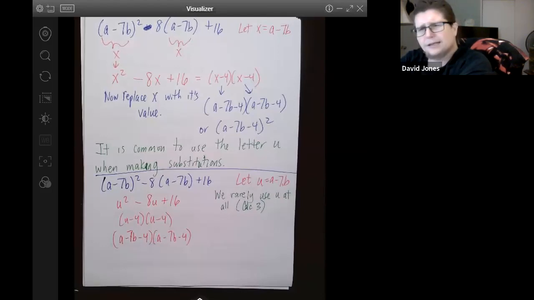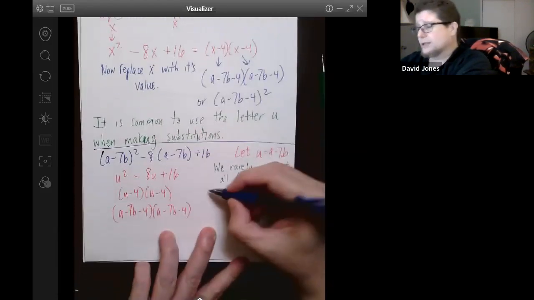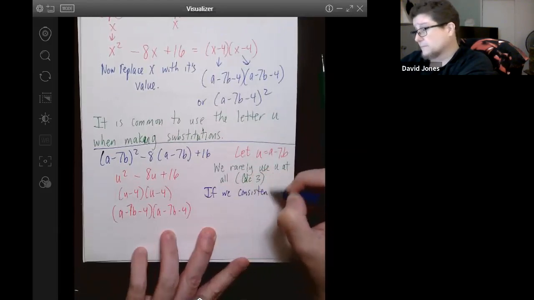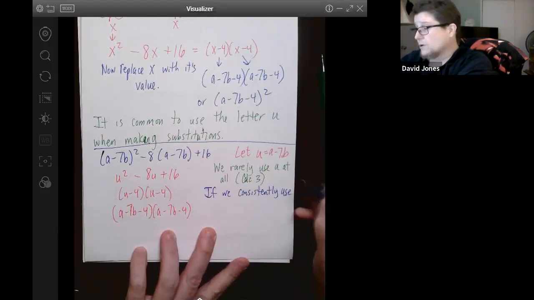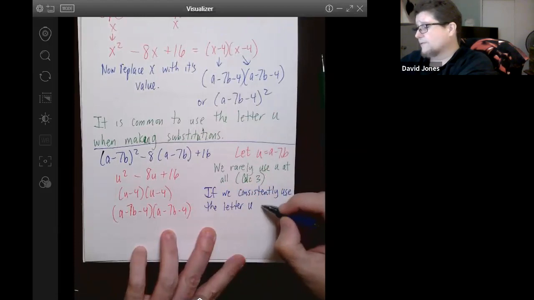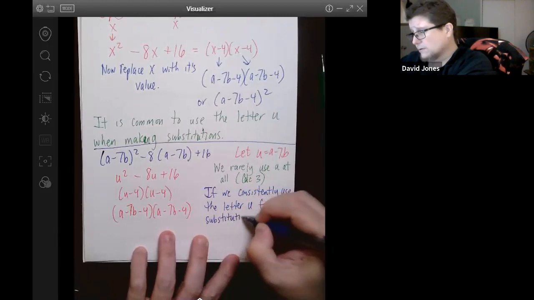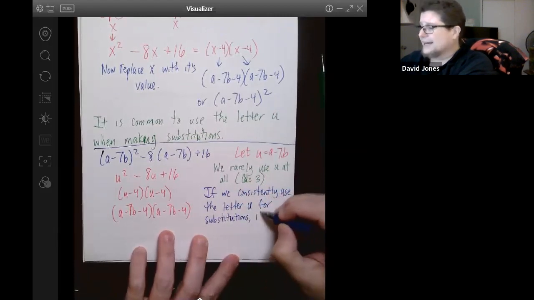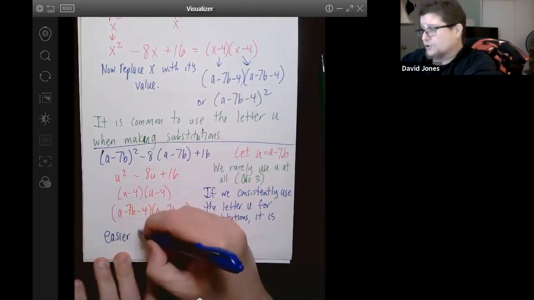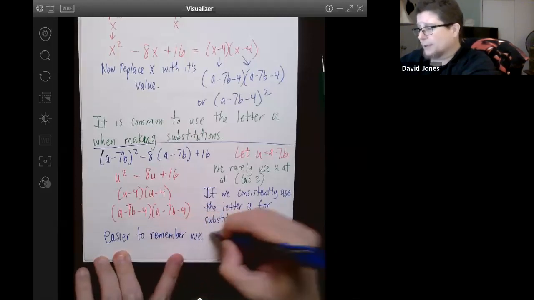You might use it in Calc 2. So if we consistently use the letter U for substitutions, it is easier to remember we have to replace U at the end.